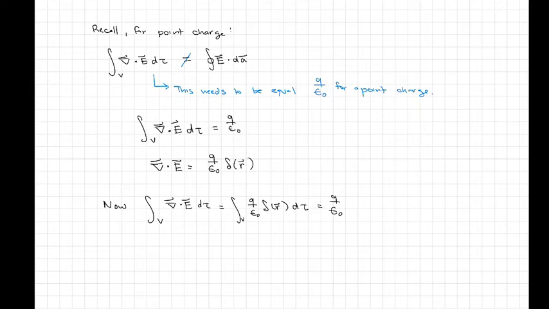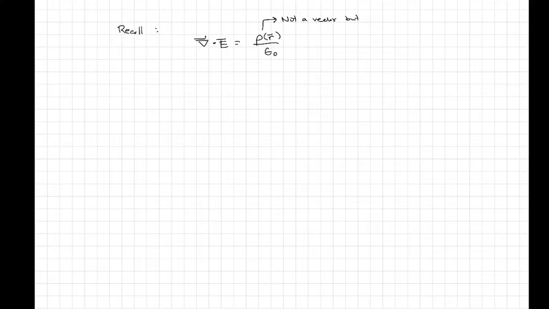Let's give a little bit more meaning to this. Let's recall that our differential form of Gauss's law says that the divergence of the electric field is related to the volume charge density over epsilon naught. This particular bit is not a vector, it's a scalar field, but it could change with position. If I've got some volume, the charge density across that volume doesn't necessarily have to be uniform.